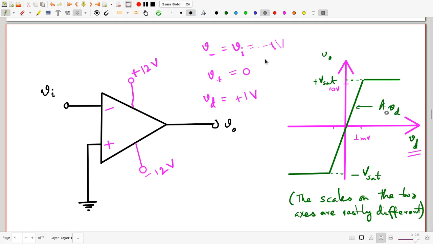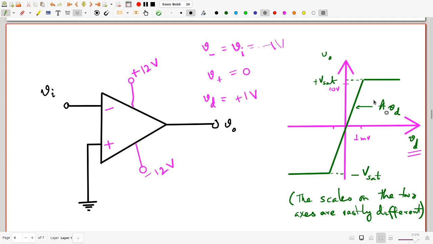Well, there will be a very narrow range of Vi values for which this linear formula will actually hold. But how narrow is this region? Saturation will be reached at around 10 volts, and the gain, I have taken it conservatively, is around 10,000. Which means that if Vi exceeds a millivolt, either in the positive or in the negative direction, from 0, Vd will be so big that the output will be driven to saturation.